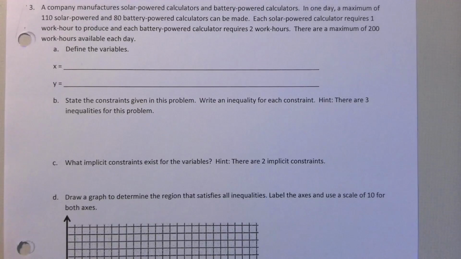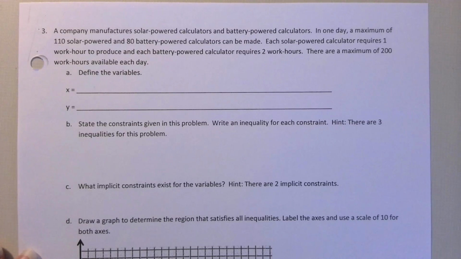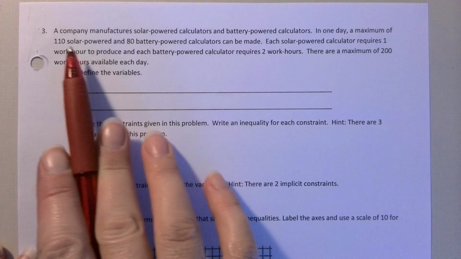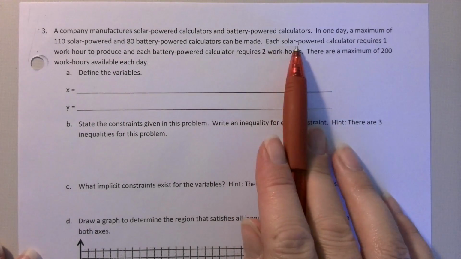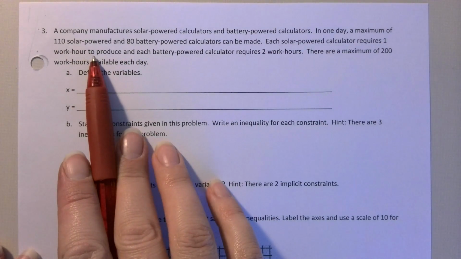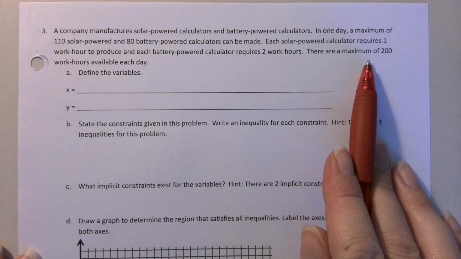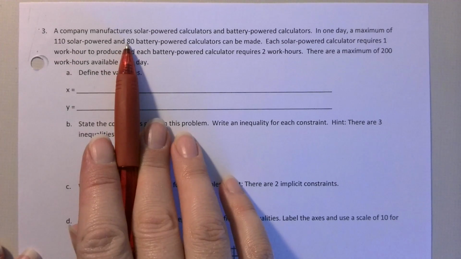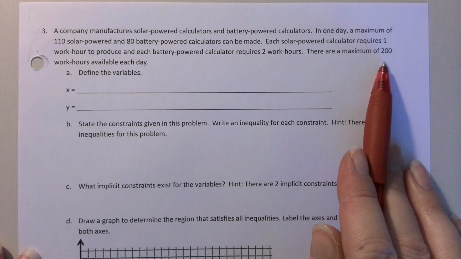There's one more problem here. It's talking about calculators. So if you read through it, it's very much like the other ideas. You have a total of calculators, 110 of these, 80 of these, and then each one requires 1 hour to produce for battery and 2 hours for the other, and you have 200 total hours. So you're going to have an inequality for each of these individually, so vertical and horizontal lines, and you're going to have an inequality that has to do with time, okay?